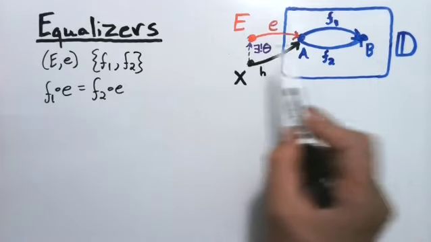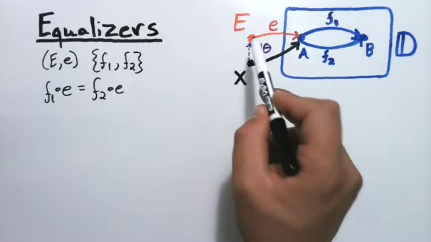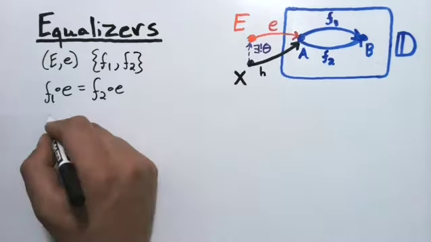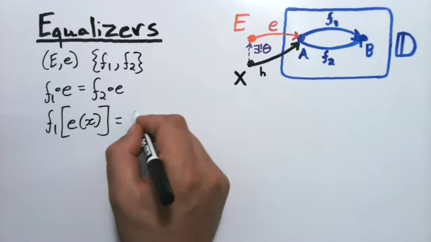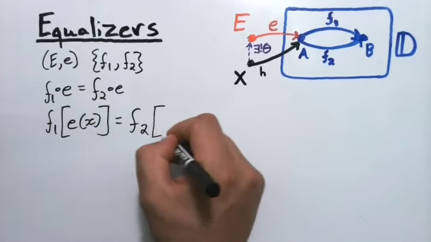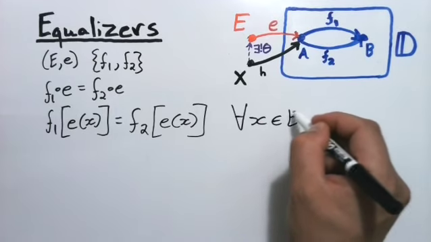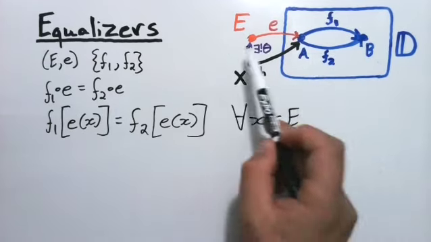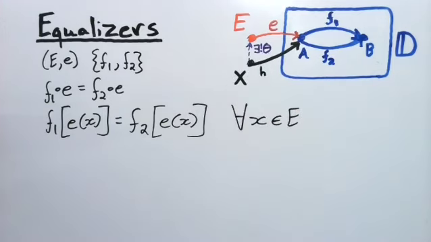And if we have elements inside of our objects, which are sets, we can say that f1 applied to e of x needs to be the same as f2 applied to e of x. And this is for all of the elements in E. So this chain needs to be the same as following this chain, and that's true for all of the elements that might be living in this set-like object here.